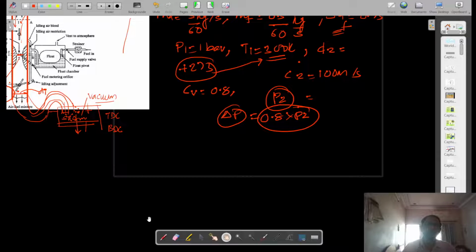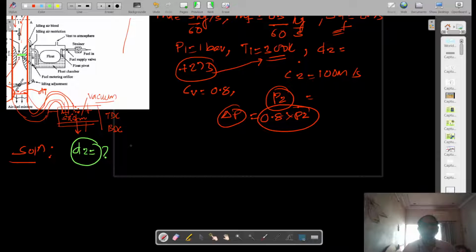I am just going for the solution now. I need to find the diameter at the venturi, D2.